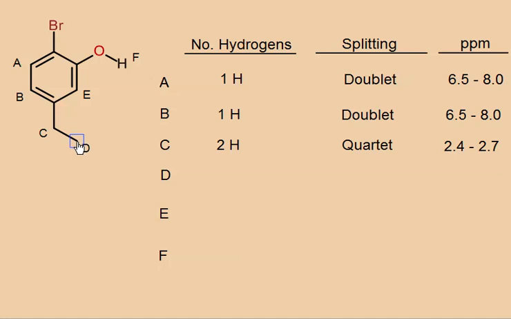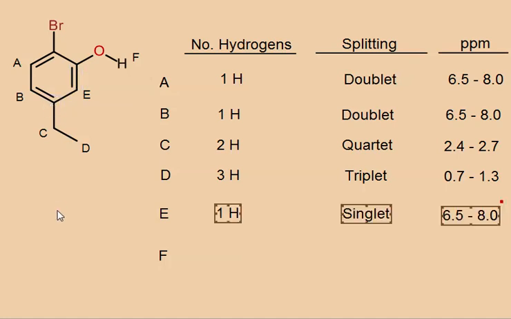Then D, the terminal end of that alkyl chain, three hydrogens with two non-equivalent neighbours, producing a triplet somewhere about 0.7 to 1.3. Moving around, we've got a hydrogen on its own with no hydrogen neighbours, so just a singlet, and that would be in the normal aromatic range, 6.5 to 8.0.